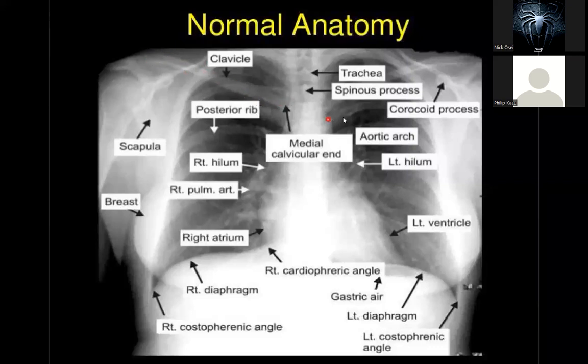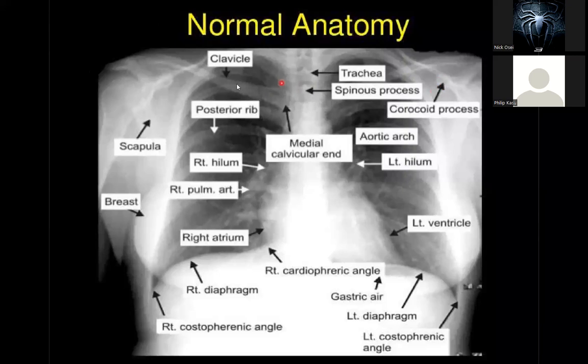There's one on the left, there's one on the right. And this is what I mentioned that we use to determine whether the trachea is central or not. I mean, whether the person was well positioned or not.